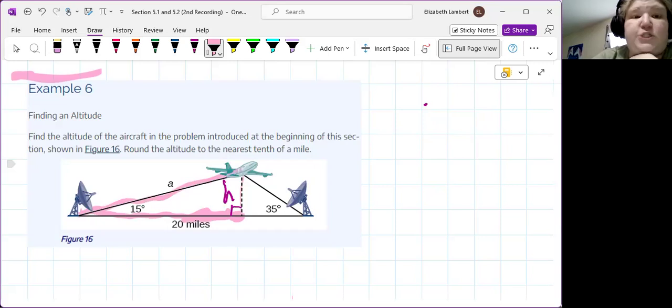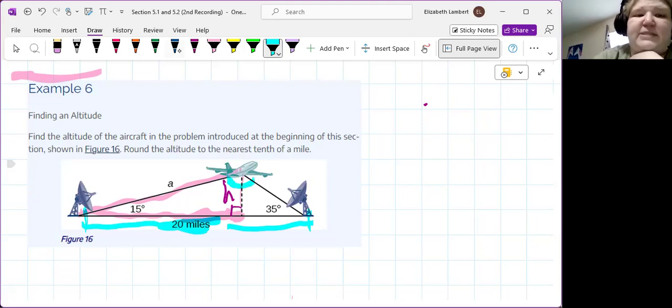All right, but I do have that 20 miles. So to use that 20 miles, I need the angle across from it. So if they called that one A, that makes this alpha.